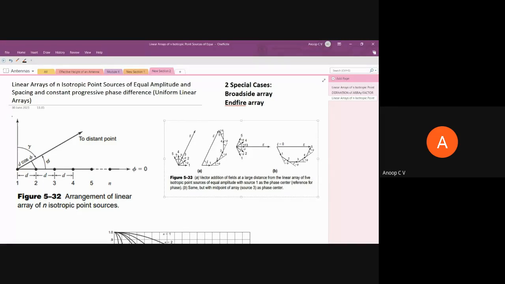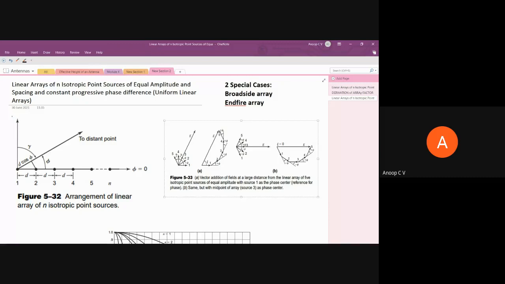If the non-isotropic sources were replaced with isotropic sources and we obtain the final field expression, you multiply that with the individual pattern, and that gives you the resultant field. We have seen 2-3 examples: one was a cos phi pattern, one was a sin phi, and one more was a general case of unequal amplitude. So you are already familiar with that.